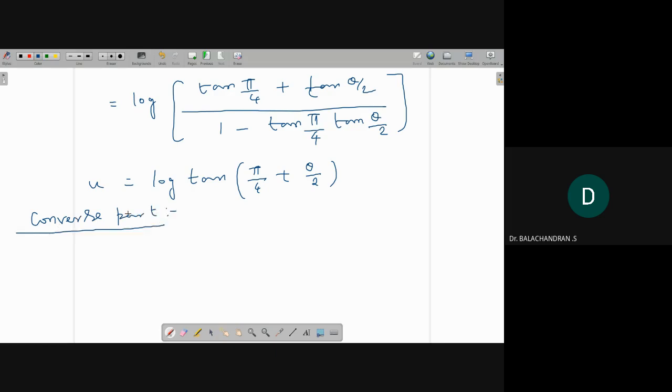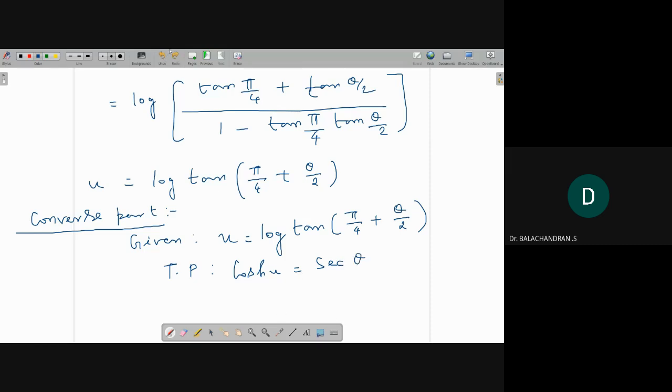Converse part, what is given in the converse part? u equal to log tan pi by 4 plus theta by 2. So this is given. You need to prove cosh u equal to secant theta.